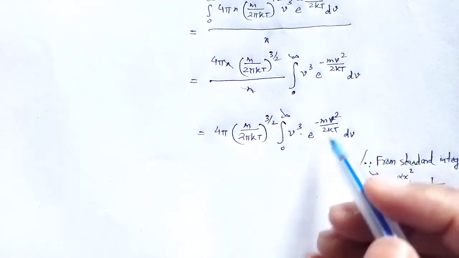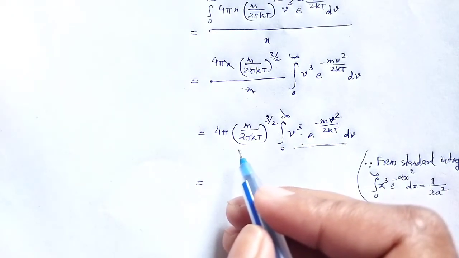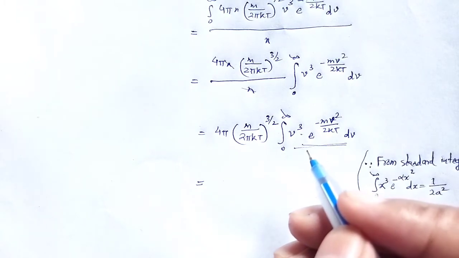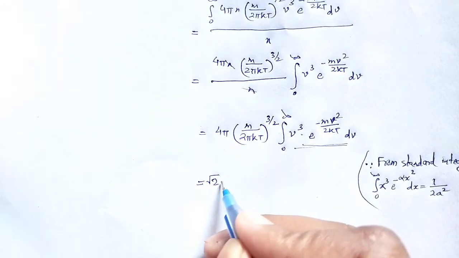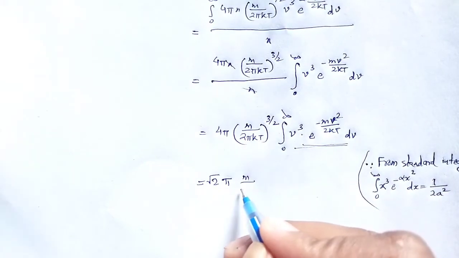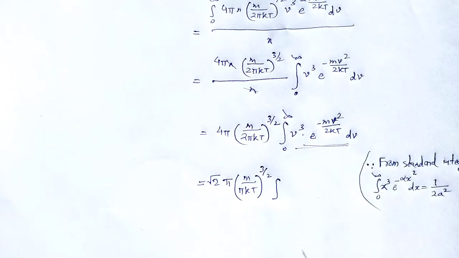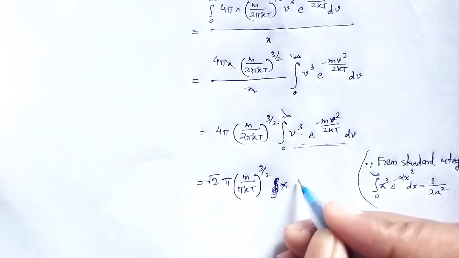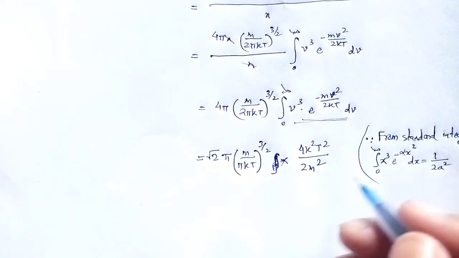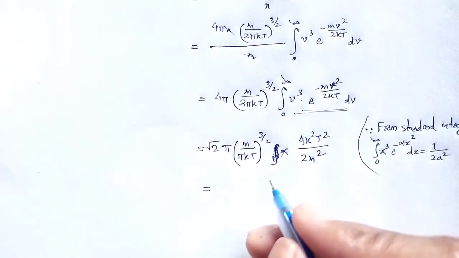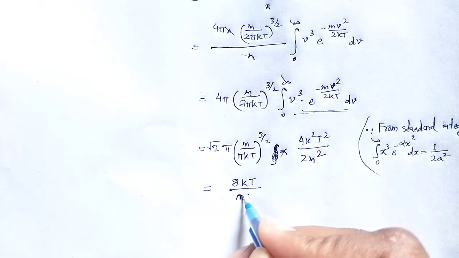Putting that standard expression into this particular integral, the 2 pi cancels out, so it will be root 2 pi, times (m by pi kT) to the power 3 by 2, and that integral value is 4 k squared T squared divided by 2 m squared. Simplifying, the total simplification results in under root of 8kT divided by m pi.